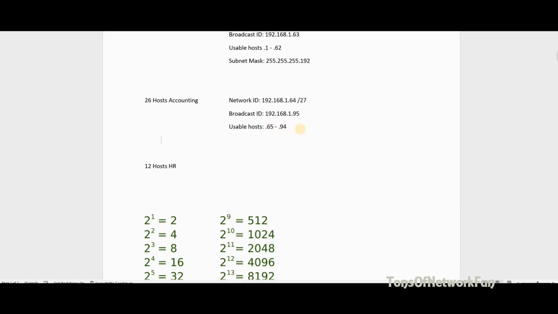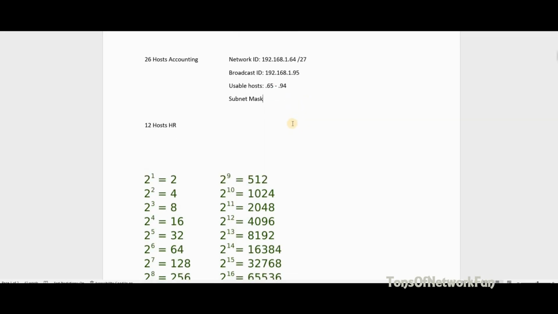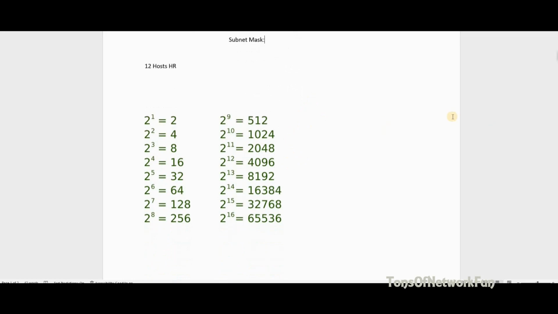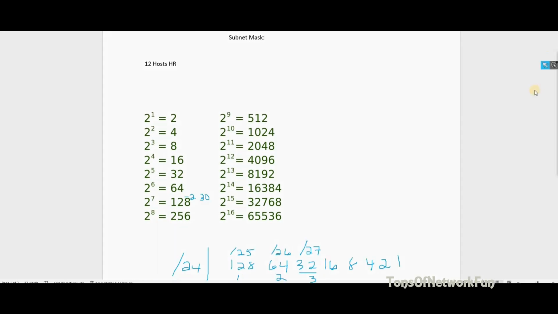Now subnet mask is /27, right? So we need to write that out like this. We are here, 32. So that means I need to add 128 plus 64 plus 32. We know 128 plus 64 is 192, plus 32 is 224.